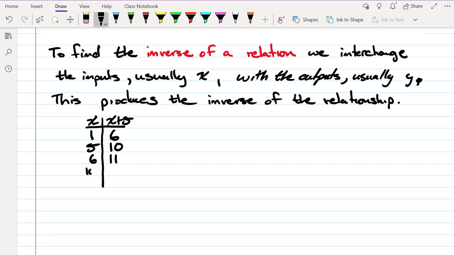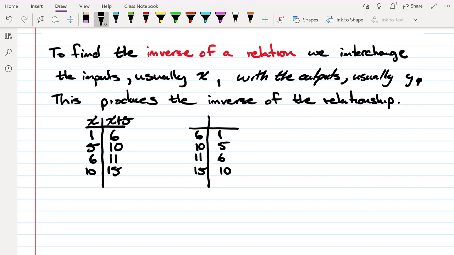And if I put in 10, 10 plus 5 gives me 15. So, according to this, if we find the inverse, we interchange our inputs and our outputs. So all of our outputs, the second column, become our inputs, so that's 6, 10, 11, and 15. And our outputs are going to be 1, 5, 6, and 10.